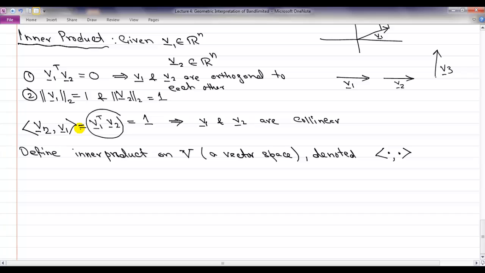So an inner product takes two arguments, two vectors, whereas a norm takes one vector, and it then maps them onto the real line also. But unlike the norm, it has different properties.